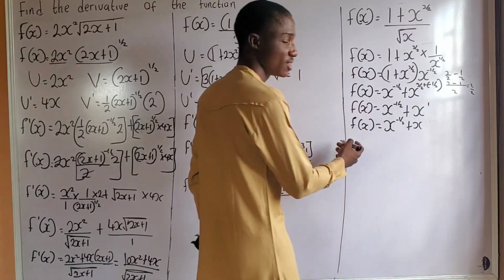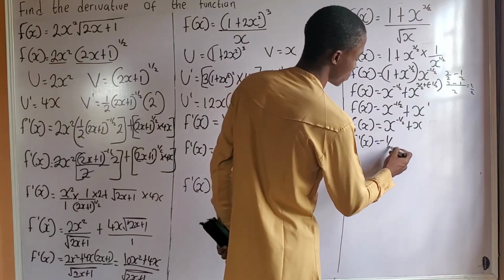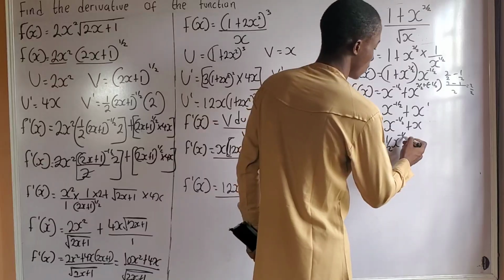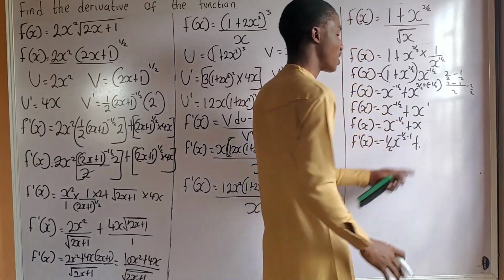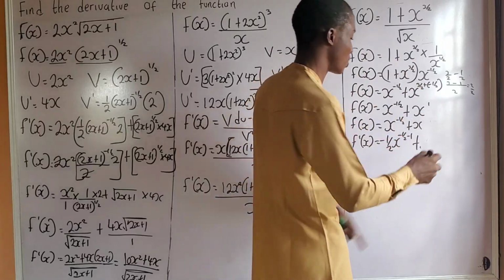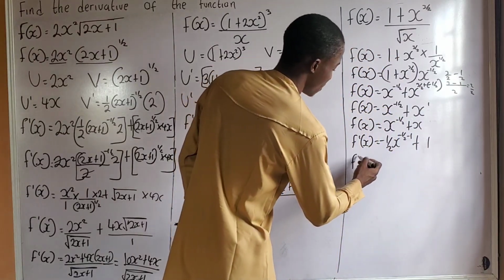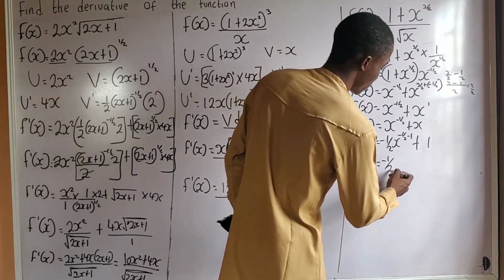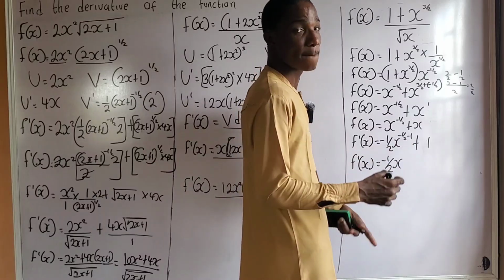Now we can differentiate this. The derivative of f of x will be negative 1 over 2 x raised to the power of negative 1 over 2 minus 1, plus the derivative of x, which is 1. Now negative 1 over 2 minus 1 is minus 3 over 2.